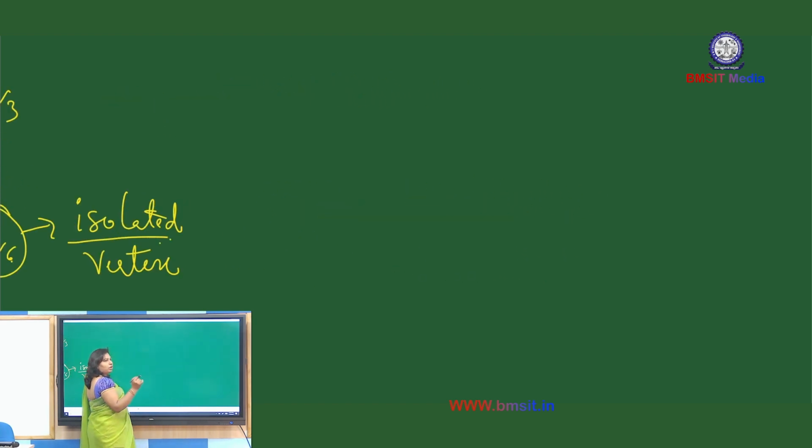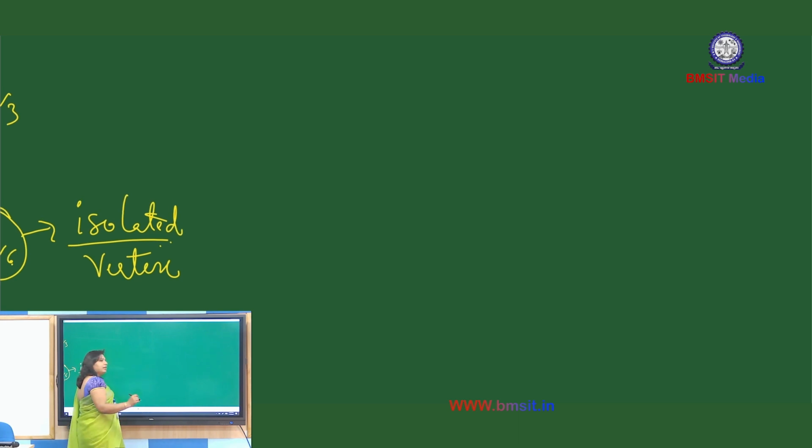Now we have got to know what is an isolated vertex. A non-isolated vertex means it is connected to some edge or some vertex.